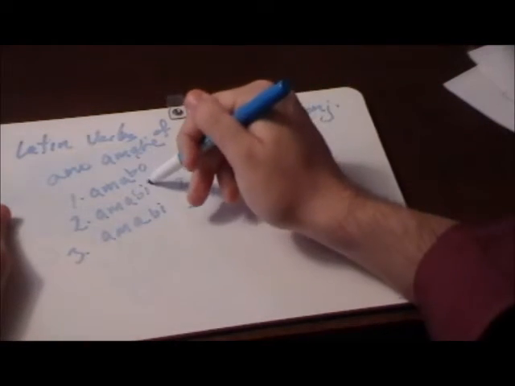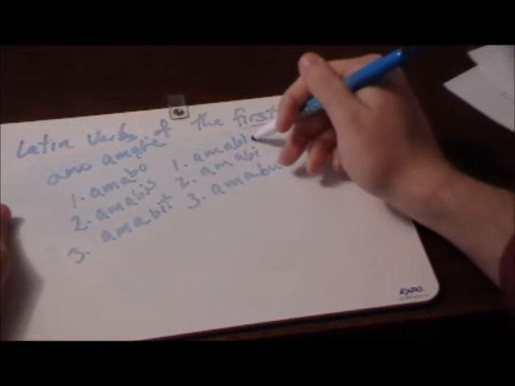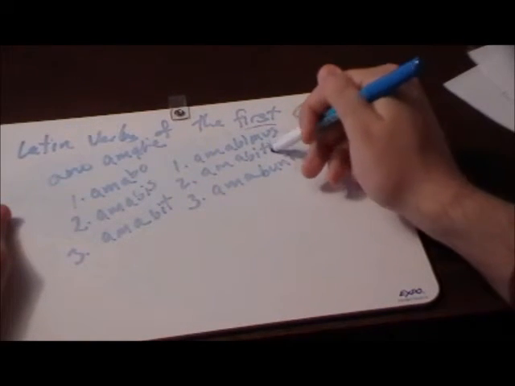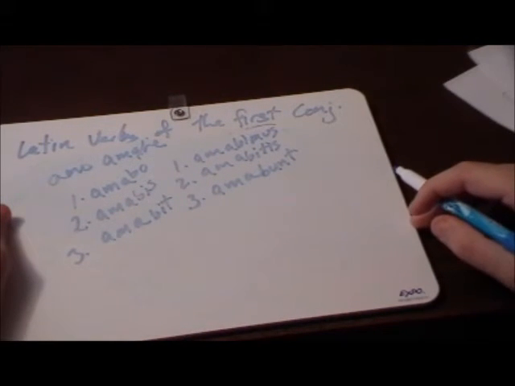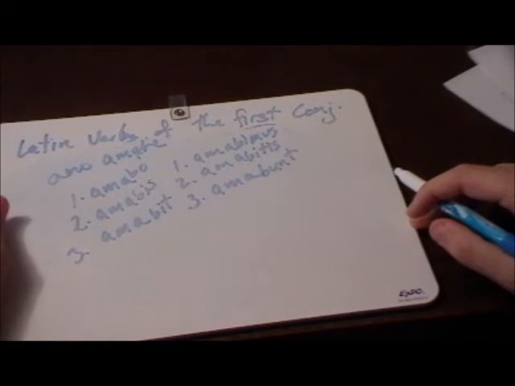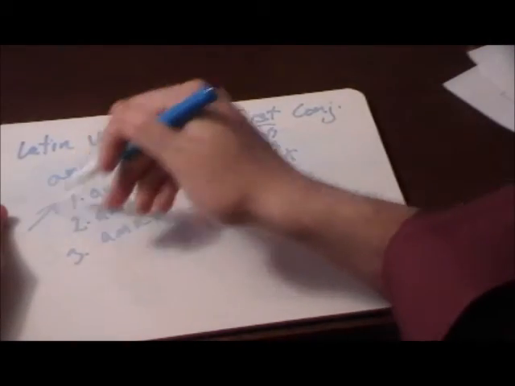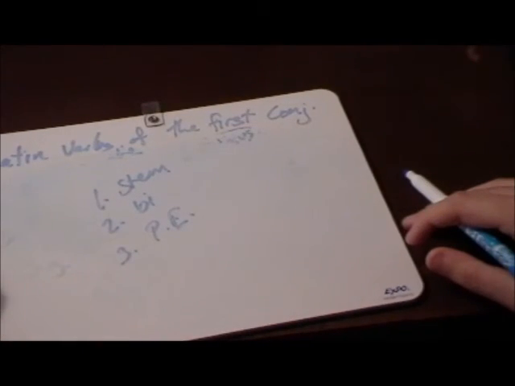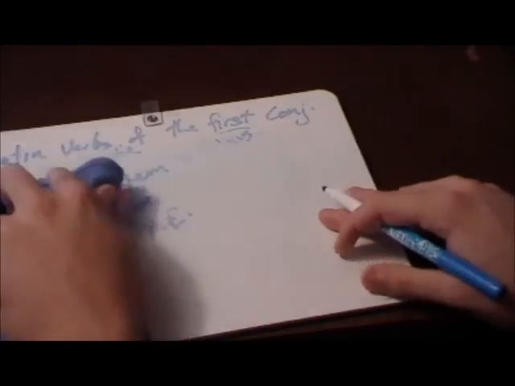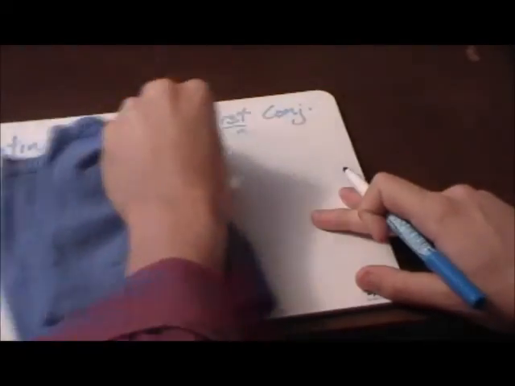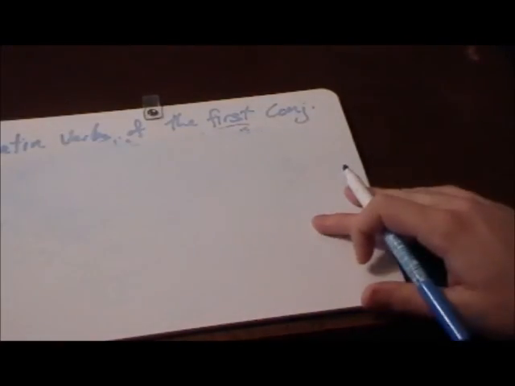All the other regular endings apply. S, T, mus, tis. So it'd be amabo, amabis, amabit, amabimus, amabitis, amabunt. Spelling changes in the first singular and third plural. And so tomorrow on your quiz, you're going to have to conjugate out voco in the future tense.